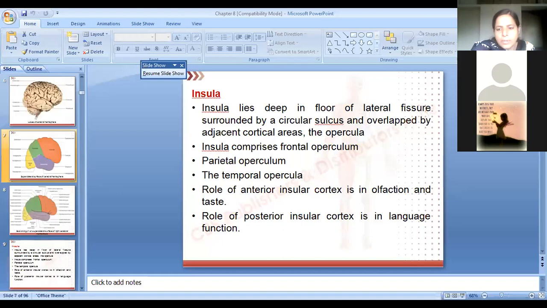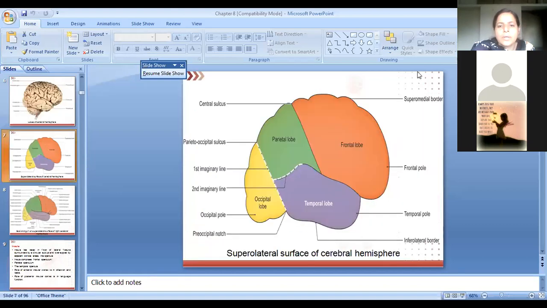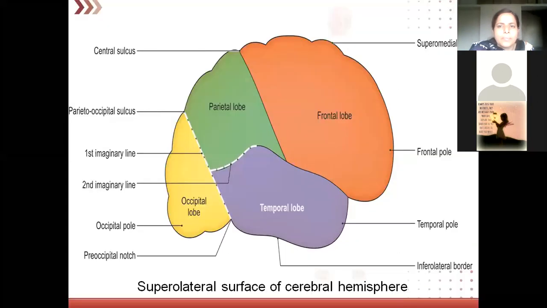I hope you are able to see these pictures with different colors. Yes. Okay, so we have the frontal lobe, parietal lobe, occipital lobe, temporal lobe. The sulcus between the frontal and parietal, you call the central sulcus. The sulcus between the parietal and occipital, you call the parieto-occipital sulcus.